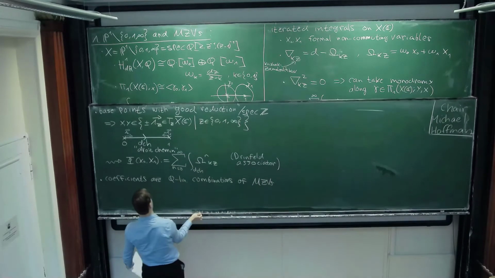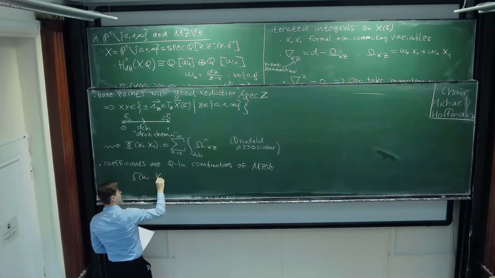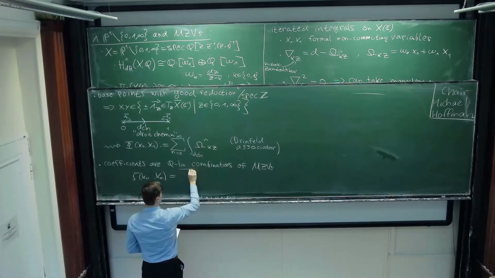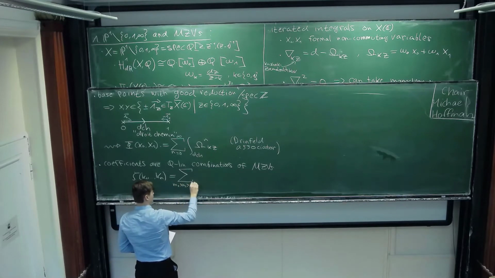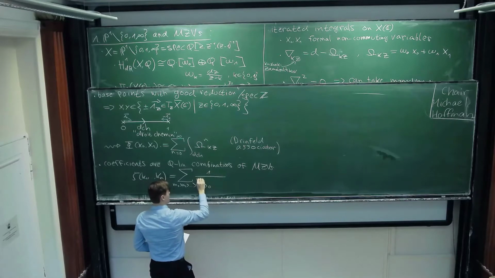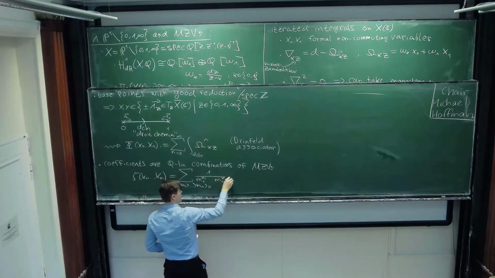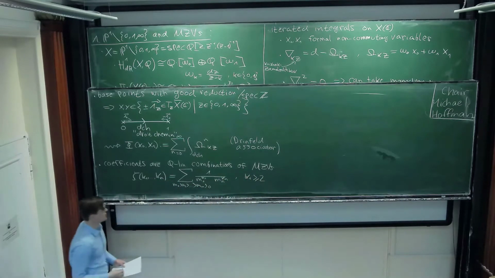So they will not play any role, but let me still write them down. These numbers, zeta of k1, ..., kn, equal the sum over m1 greater than m2 greater than ... greater than mn greater than 0. And then this is the expression you sum over, and k1 should be at least 2, and all the other indices should be at least 1.